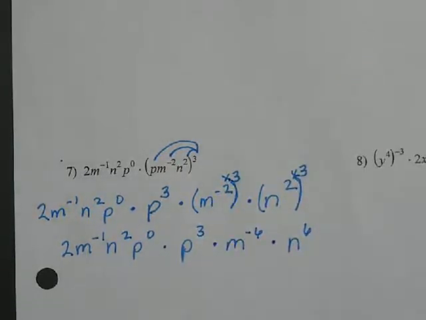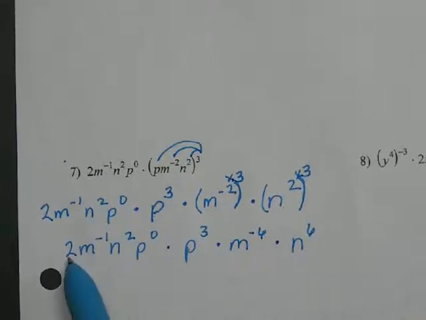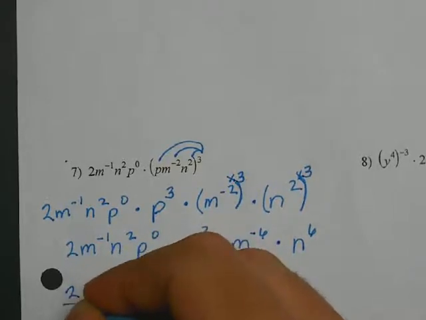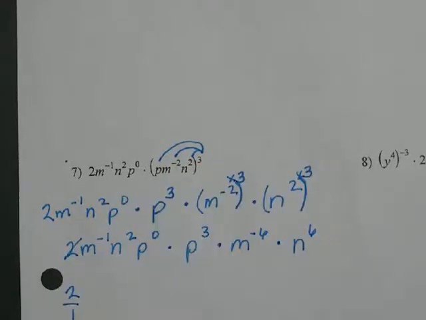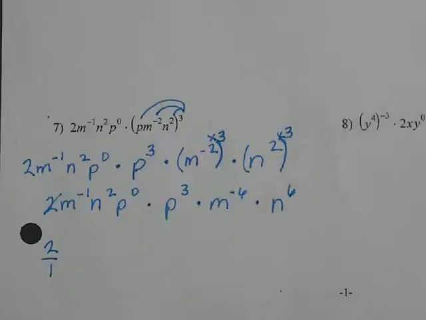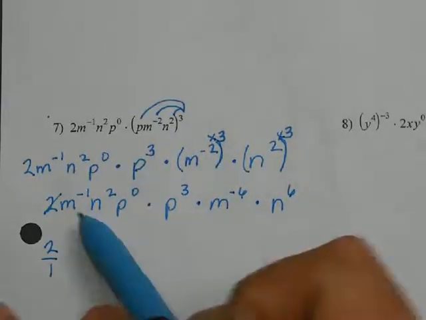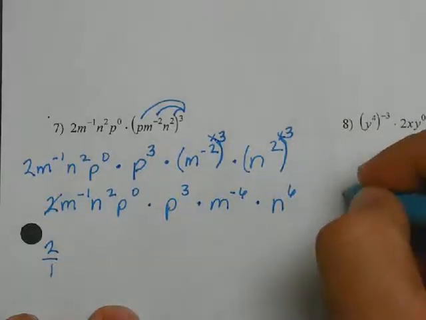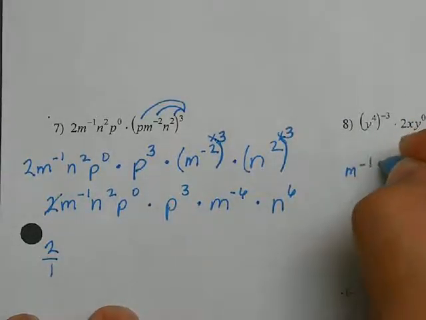Okay, now we're ready to combine. The only coefficient we have here is a 2, so we write our 2 down, 2 over 1. I'm done with that. And if you have to go to another sheet of paper, that's okay. Now let's go to our m's. We have m to the negative 1 and m to the negative 6. We say negative 1 plus negative 6, because we're adding.